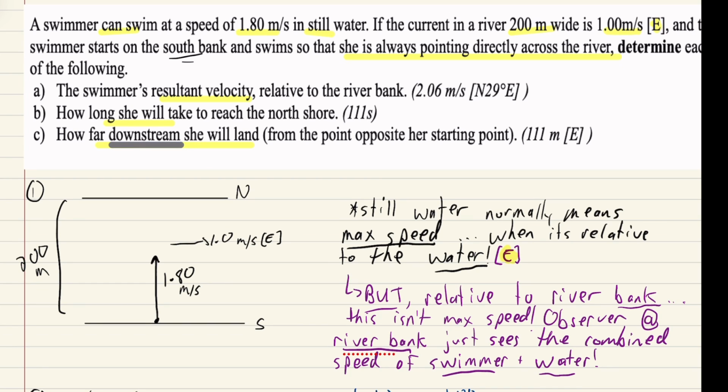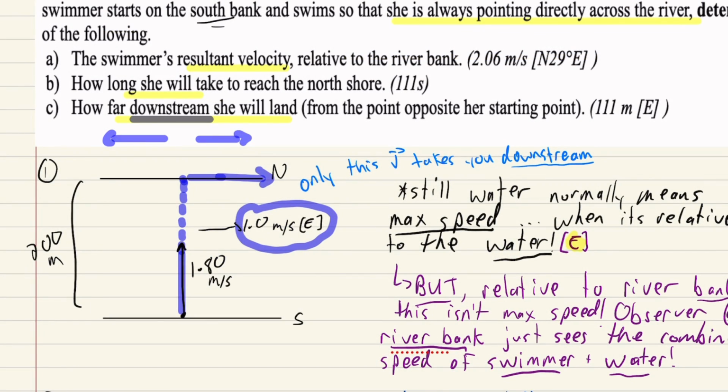Now, for part C, where we want to know how far downstream, remember that downstream just means horizontally. In this case, the only horizontal vector is the eastern vector. So similar to part B, we're only going to choose the velocity that actually takes us in that direction.